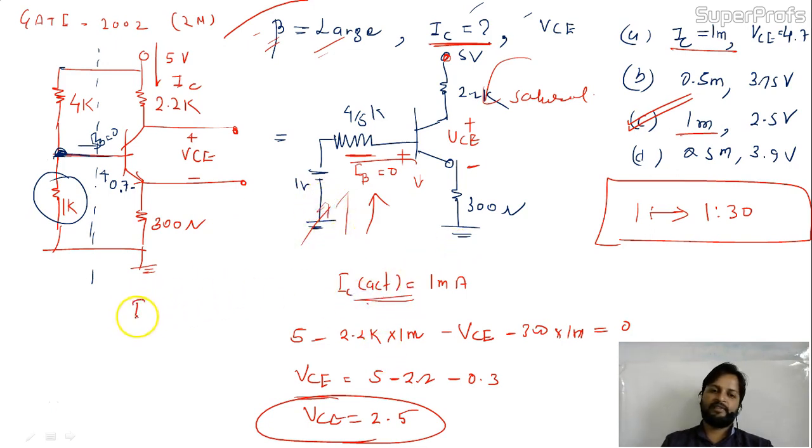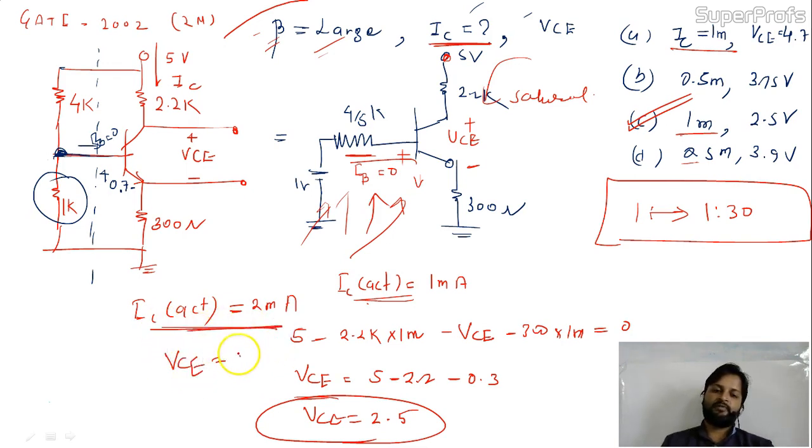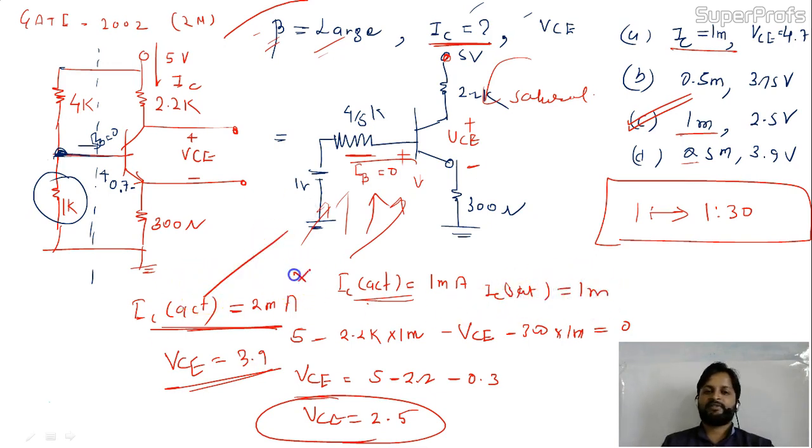What if your IC active is, suppose, 2 milliampere. You calculated from the input stage. Your 2 milliampere will be there in the option, and based on this you calculated your VCE also. That was also a wrong value you calculated. If IC active is 2 milliampere and IC saturation in real is 1 milliampere, and you are proceeding this way, it means it's completely wrong. You are going in the wrong direction.